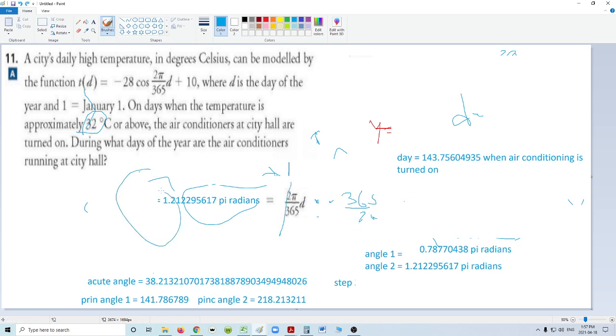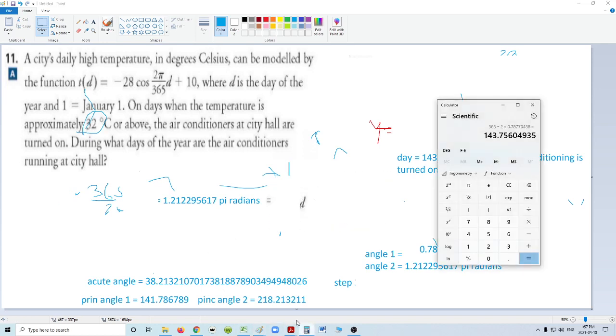It cancels out, which means you have to multiply the left side by the same thing. So it essentially just cancels out on the right. And you just take the 365 divided by 2 and multiply it by the 1.212295617. Always good to just keep your numbers in your calculator. And this is the other one you get.